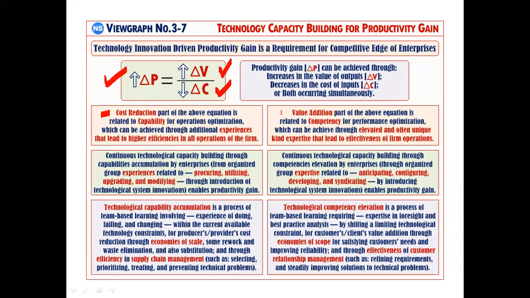The value part is related to competency through elevated and often unique kind of expertise that leads to effective firms. And two more things that I want you to note: capability is concerned with economy of scale and supply chain management, and competency is economy of scope, effectiveness, and customer relationship management.